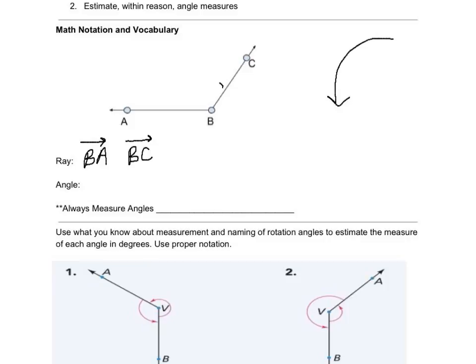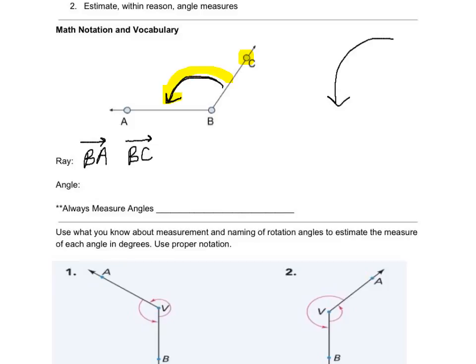So from ray BC, I drew my arrow in the counterclockwise direction. What that means then is I have to name my angle starting with C up here, and then I move following that counterclockwise rotation.